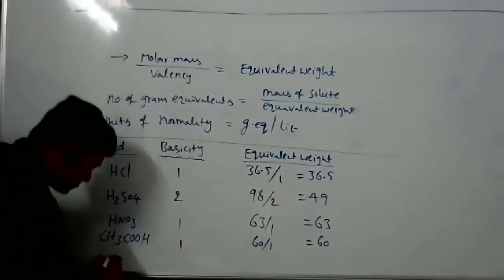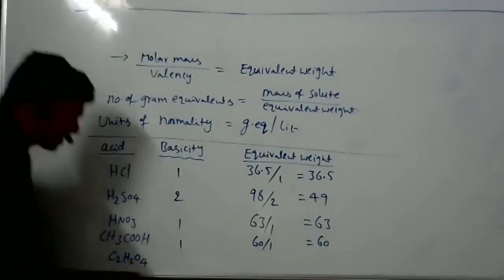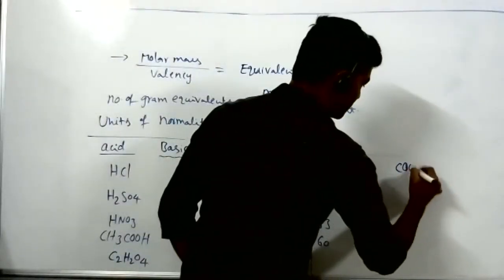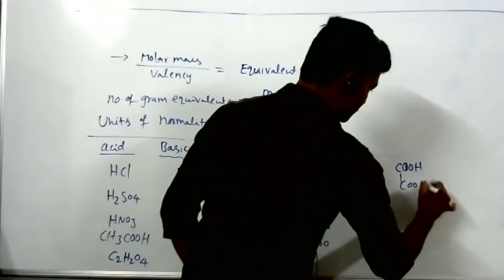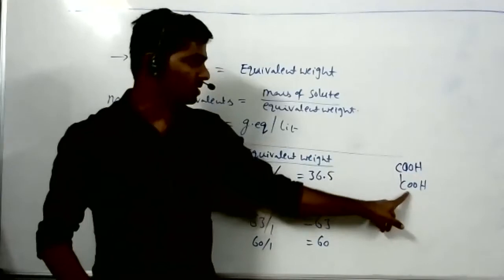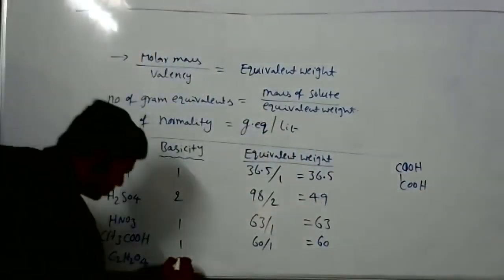Next, oxalic acid. The oxalic acid formula is C2H2O4. But oxalic acid is able to give 2 H plus ions because its formula is COOH, COOH. From this COOH, 1 H plus ion comes out. From this also, 1 H plus ion comes out. A total of 2 H plus ions. So now 2.